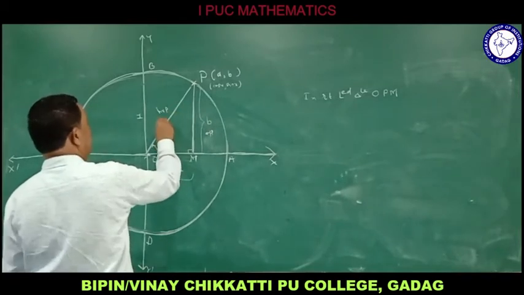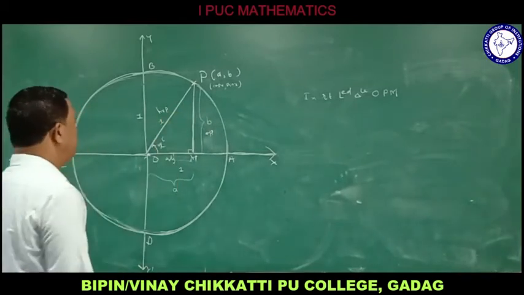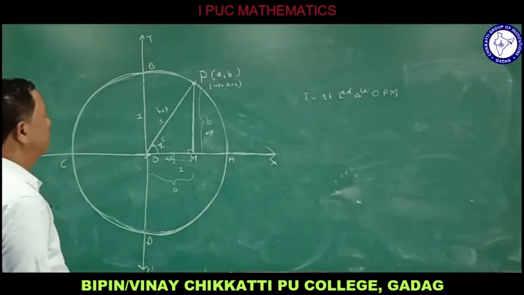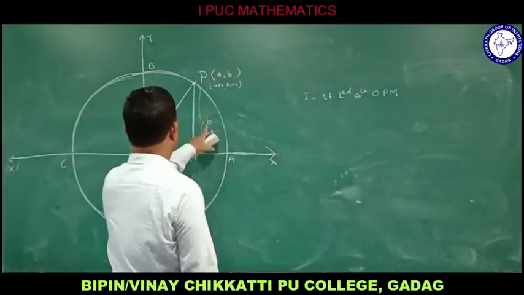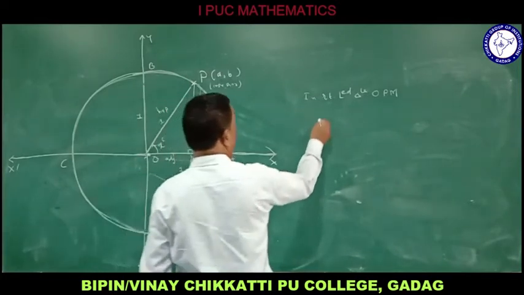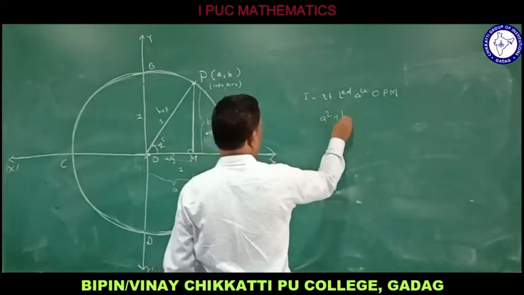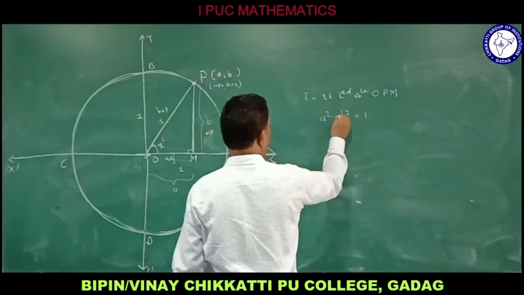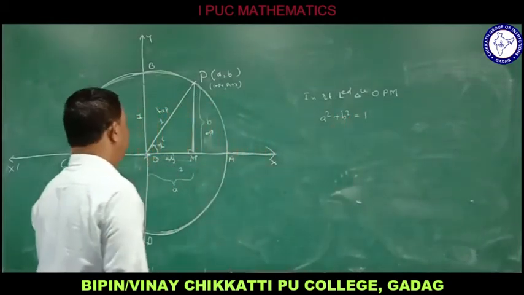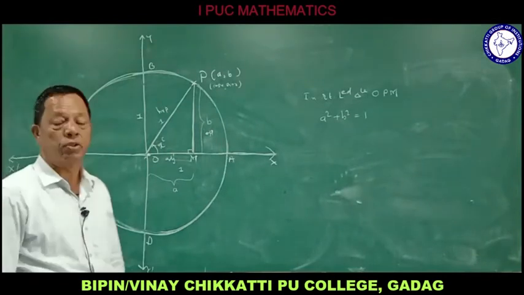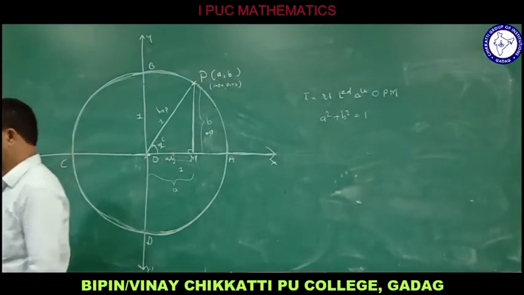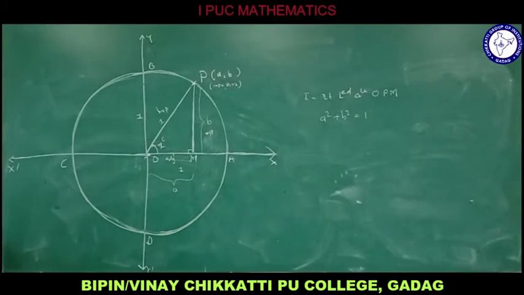And here the radius is 1, because it is a unit radius. By the Pythagoras theorem, a square plus b square is equal to 1 square, so a square plus b square is equal to 1. Now you have to understand how we got a square plus b square equal to 1; that is according to the Pythagoras theorem.